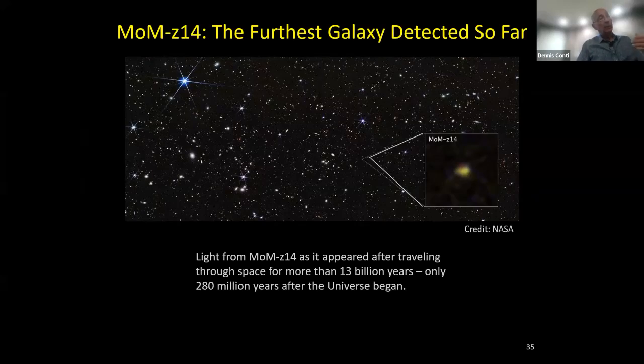So here's James Webb seeing in the infrared something that happened 13 billion years ago. Again, an example of James Webb being this time machine. This, in fact, is the furthest galaxy detected so far.